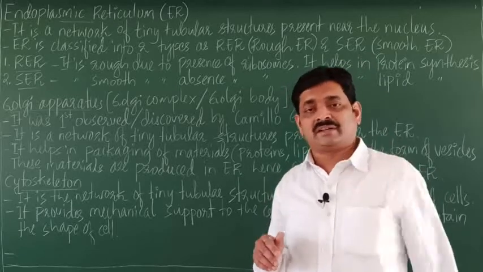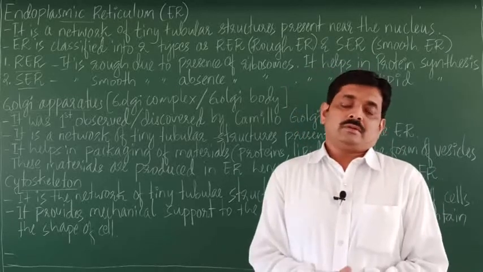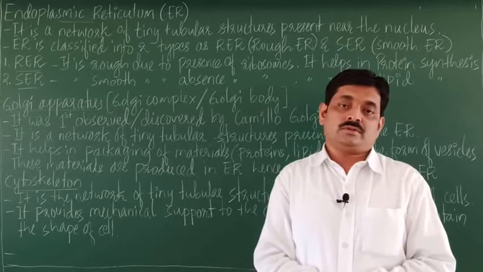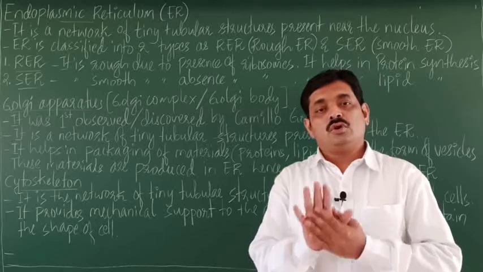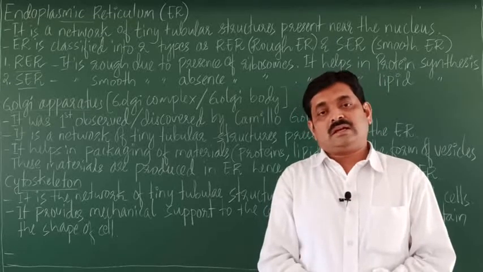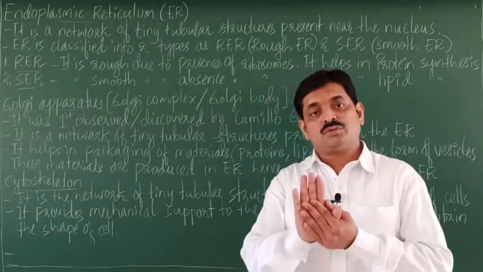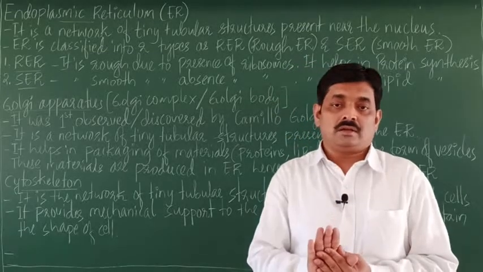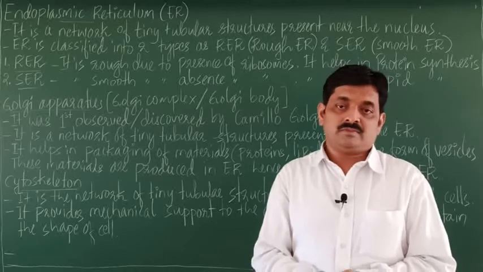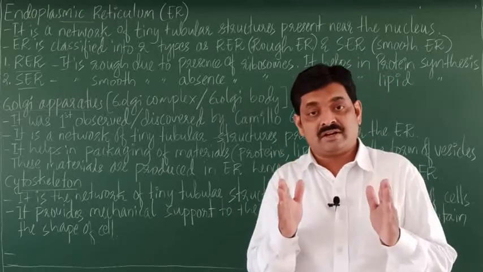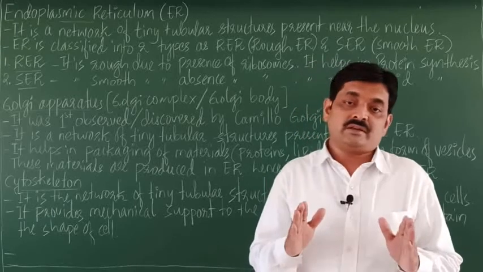So what are these particles now? These particles are ribosomes, right? So ribosomes are the particles which are attached to the endoplasmic reticulum. Because of this, it appears rough and it is classified as rough endoplasmic reticulum.